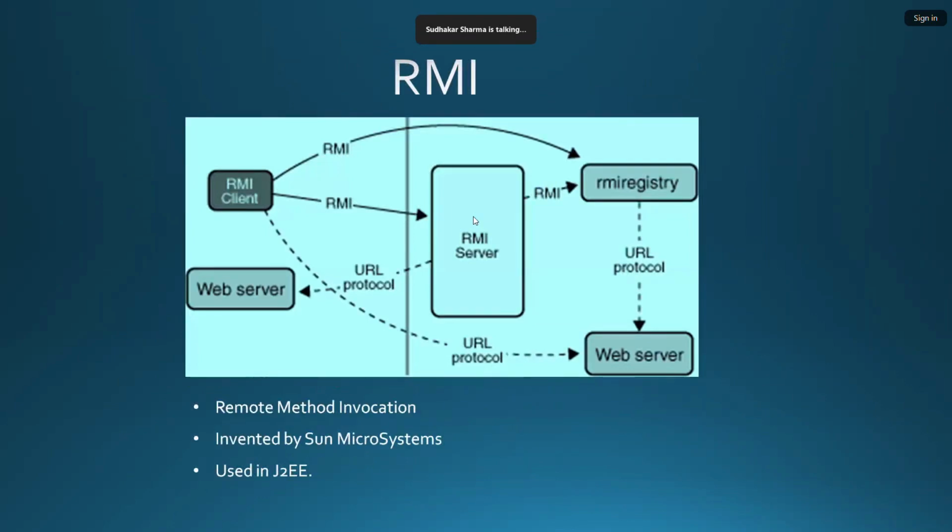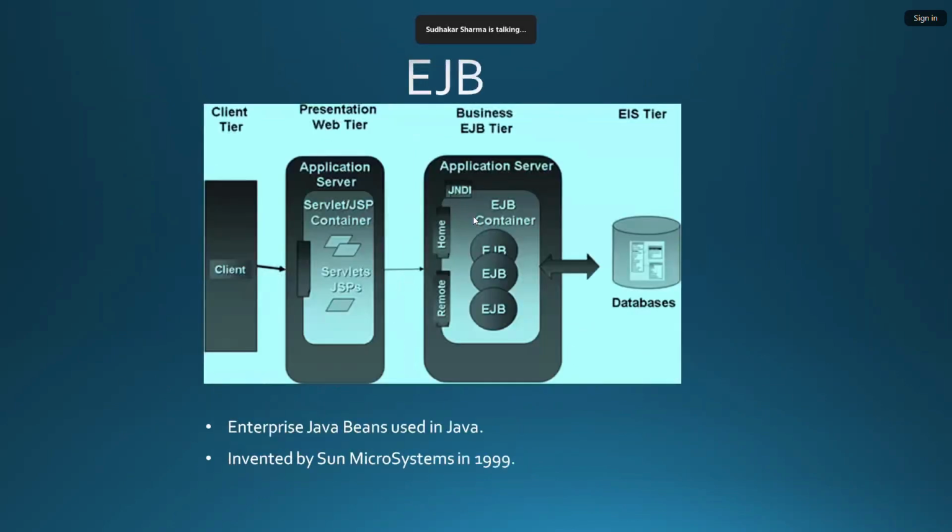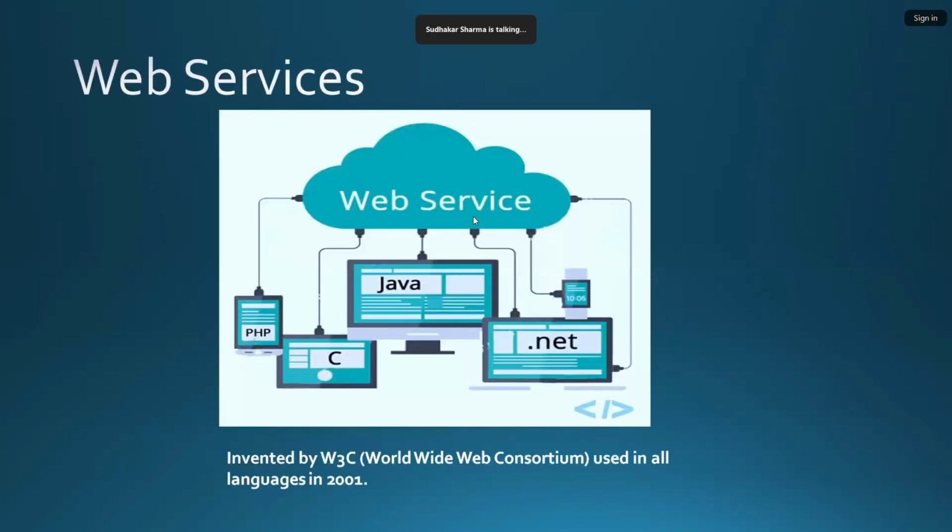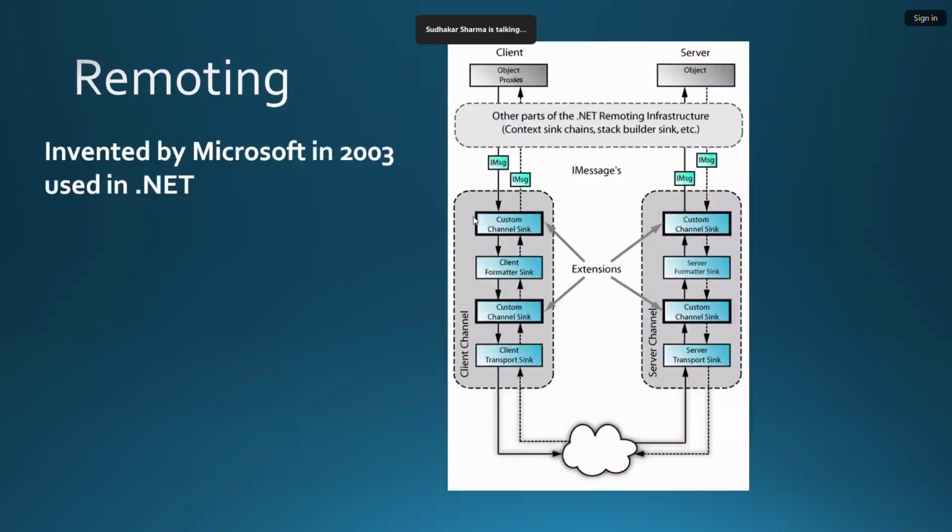It is used in more than 14 languages. DCOM is Distributed Component Object Model. RMI is Remote Method Invocation. EJB is Enterprise Java Beans. Web services are known to all technologies. And remoting is related to .NET.